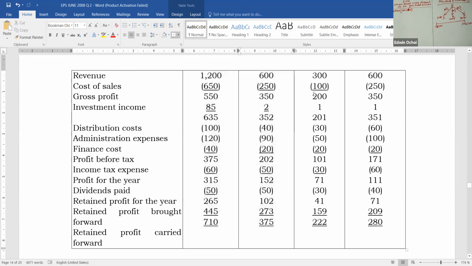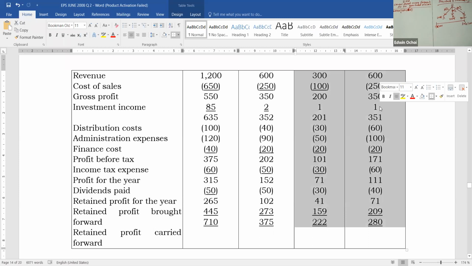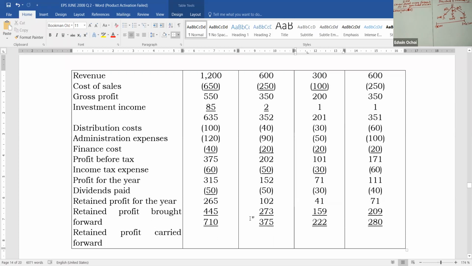Then for the associates and the joint ventures, I will consider just a few items. After this associate or joint venture pays tax, it will remain with a profit after tax.